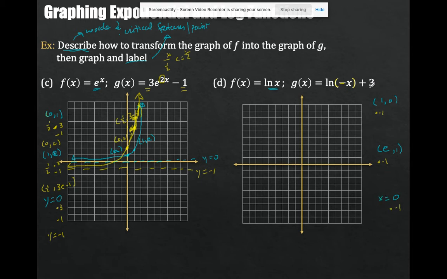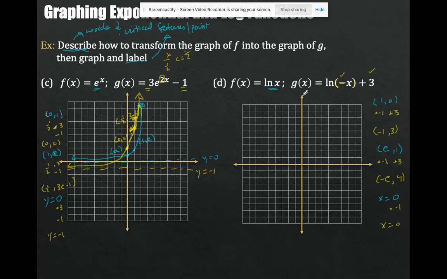Then what do I do to the y's? Add 3. That's after the function, so that's to the range. Oh, there's no y here. So what do I have? I have the point -1, 3, negative e, 4, and still x equals 0.